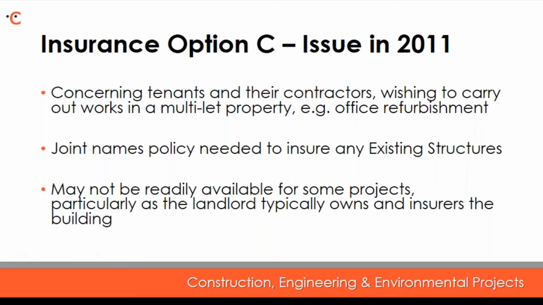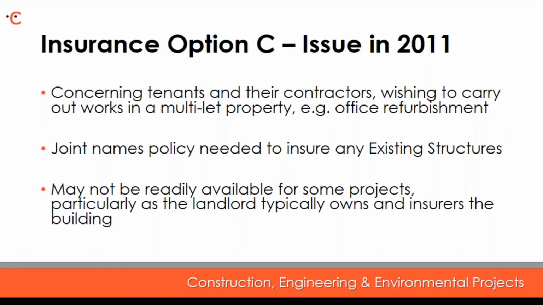What I'm essentially referring to there is where you have a need to insure not just one section of a large building that's being worked on, but of course the whole building, because the risk is technically to that whole structure. The landlord would typically insure the whole building, and the tenant you would normally find would lack the necessary information, such as previous claims on the entire structure, to obtain their own insurance policy.